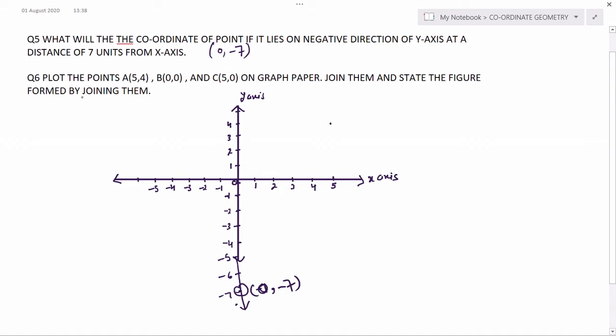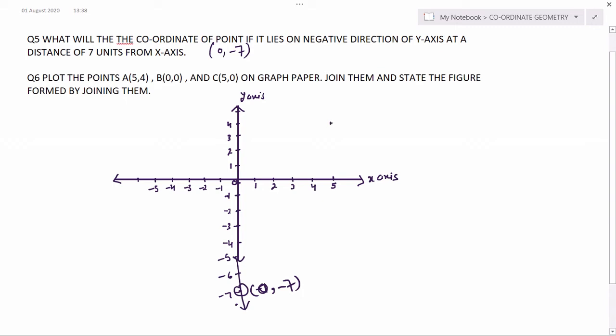Okay, let us move to the next question. Plot the points (5, 4), (0, 0), (5, 0) on the graph paper. Join them and state the figure formed by joining them. Let us plot these points. 5 is this point, 4 is upward.